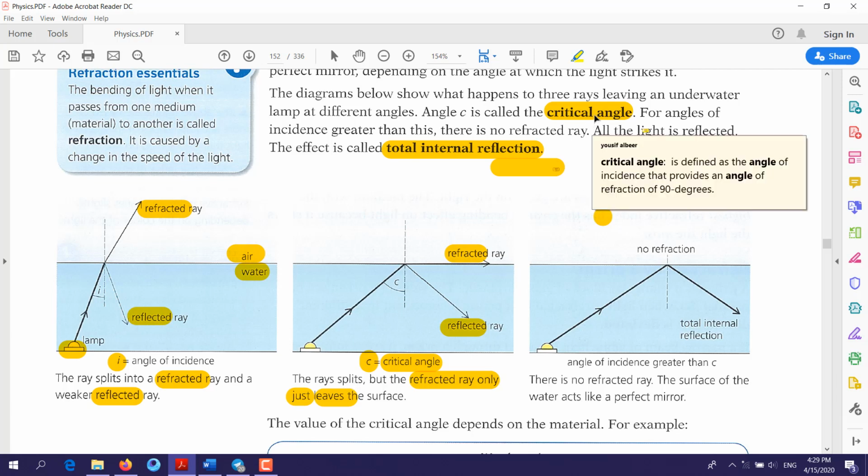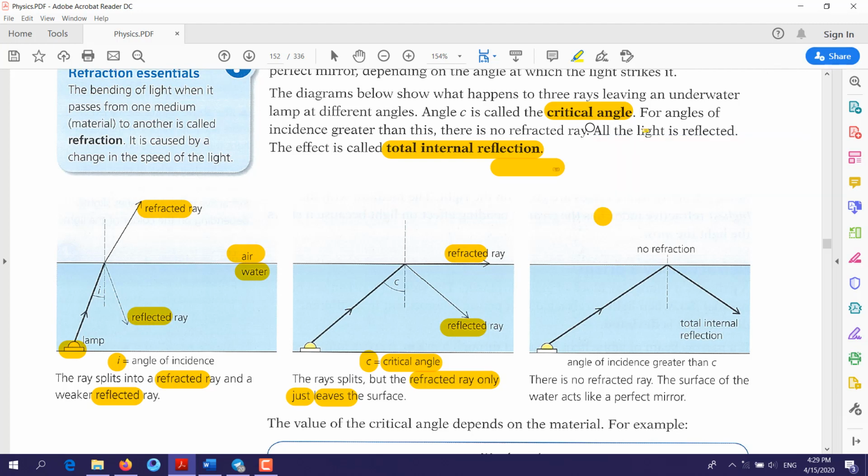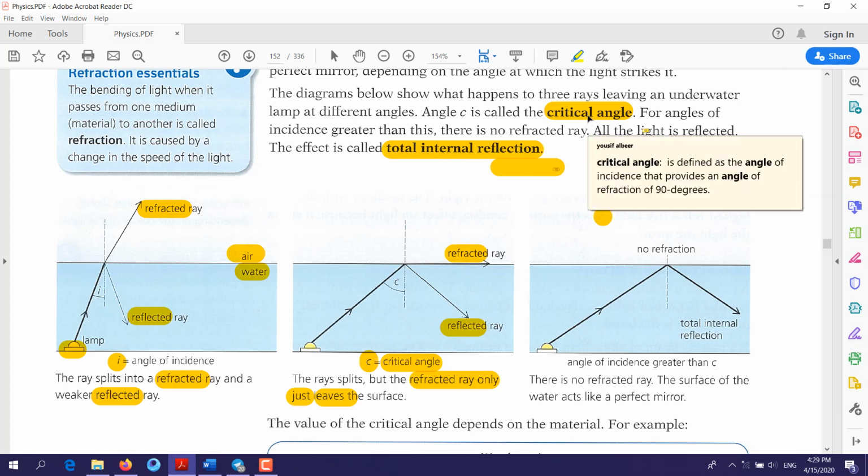If we want to give a definition for critical angle, it's what? Critical angle is defined as the angle of incidence that provides an angle of refraction of 90 degrees. What does that mean? Take a look at the second drawing.